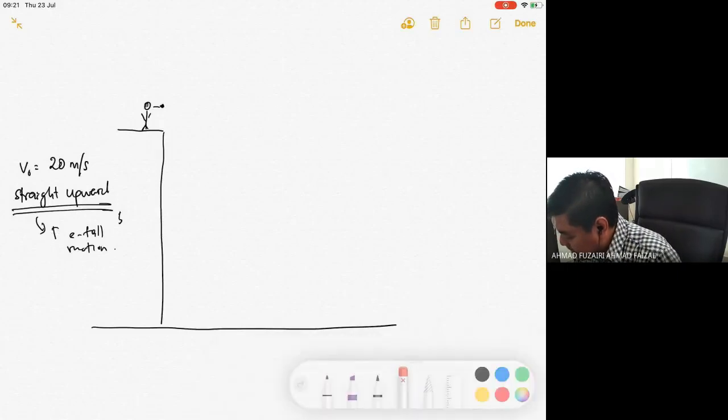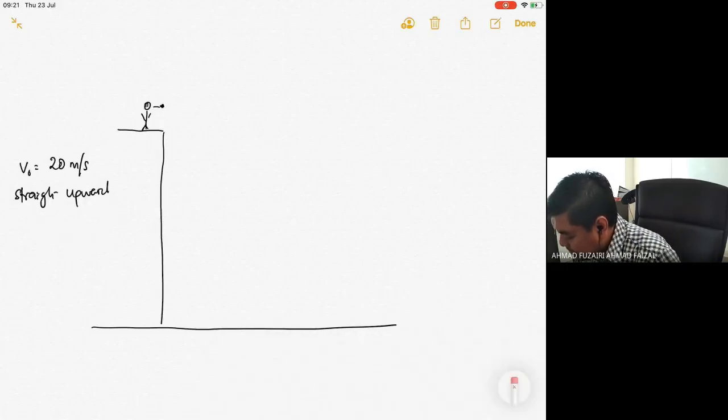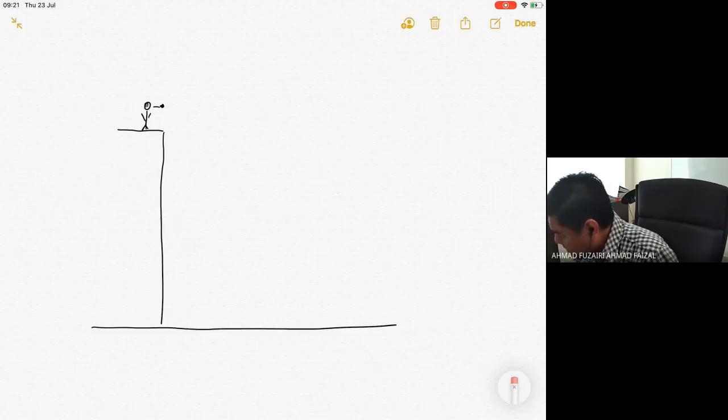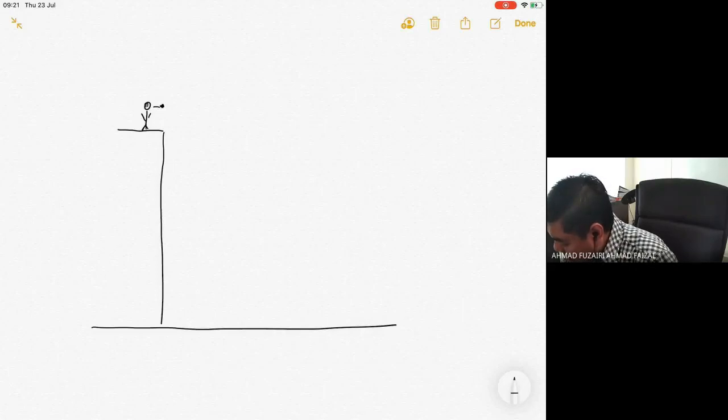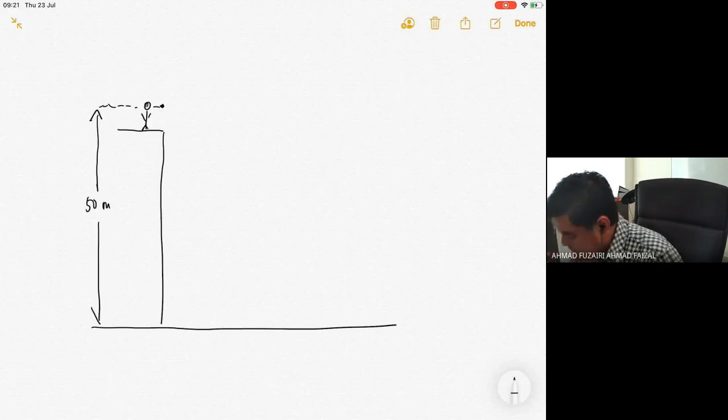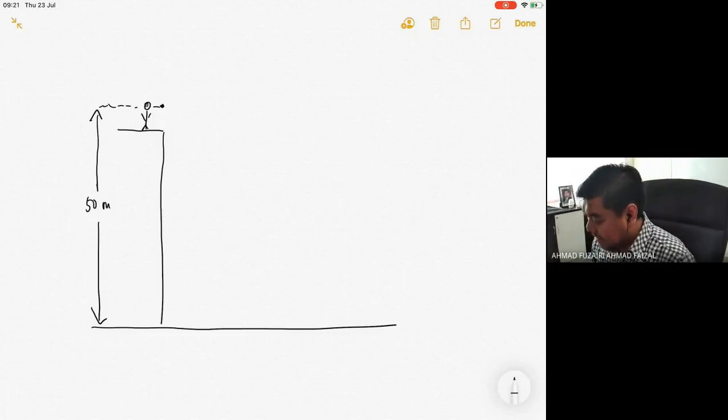The original height is 50 meters, so meaning that we should set the reference.